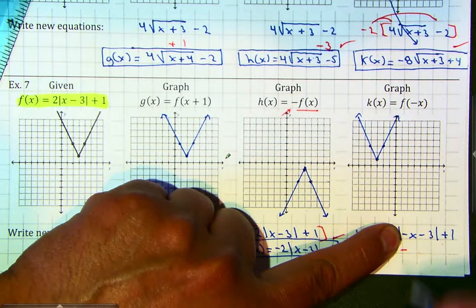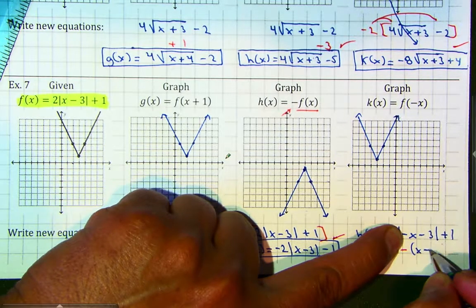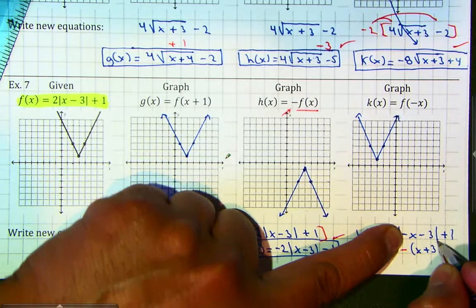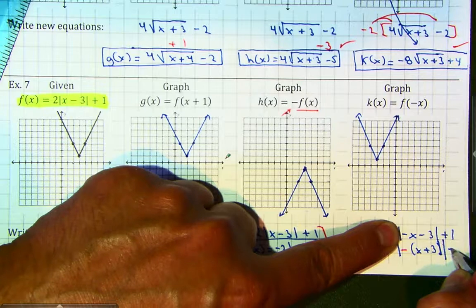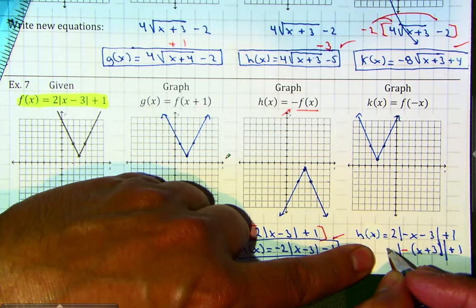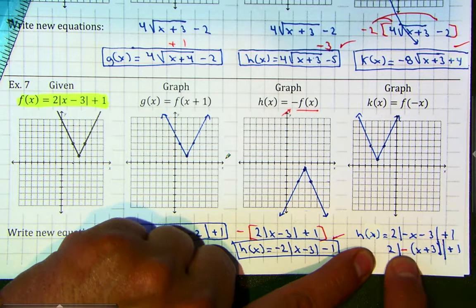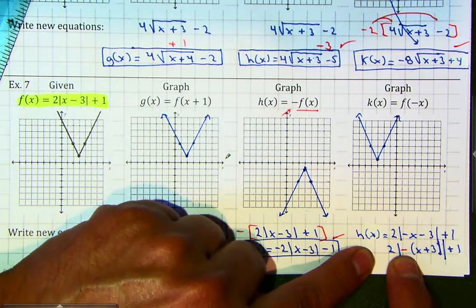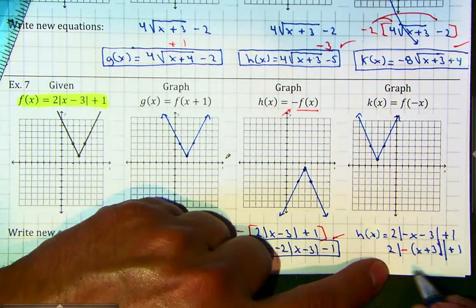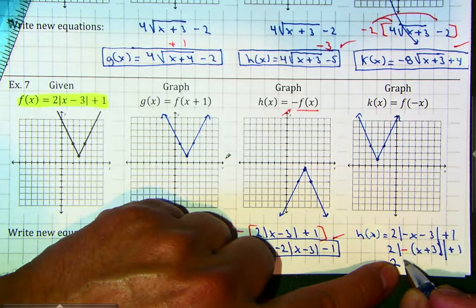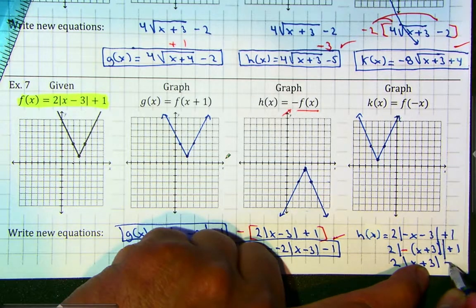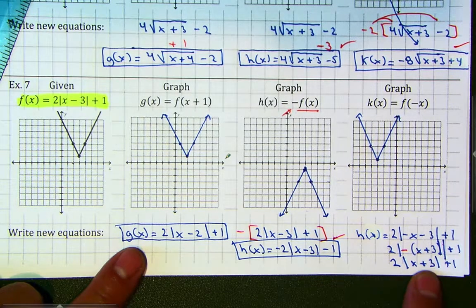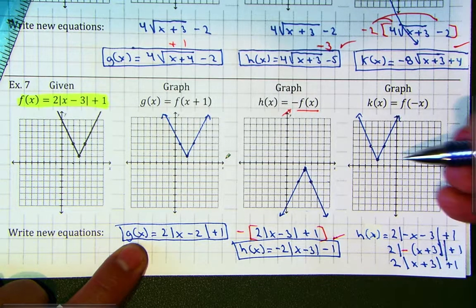I'll factor a negative 1 from both of them, so x plus 3, inside my absolute value, plus 1, with my 2 here. Now, what's the absolute value of negative? It's positive. So therefore, this can be written down as 2 absolute value of x plus 3 plus 1. And now my vertex is negative 3, positive 1, and it matches.